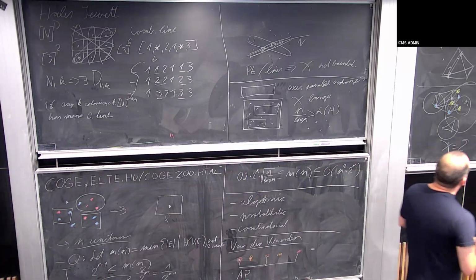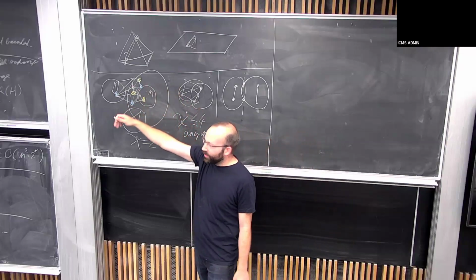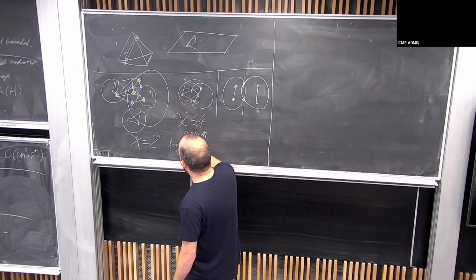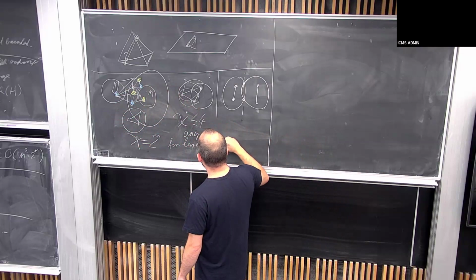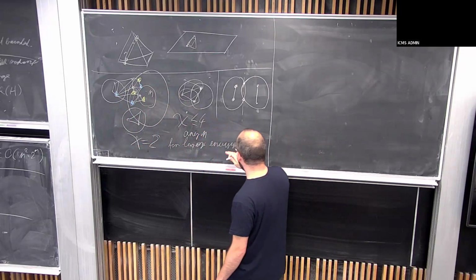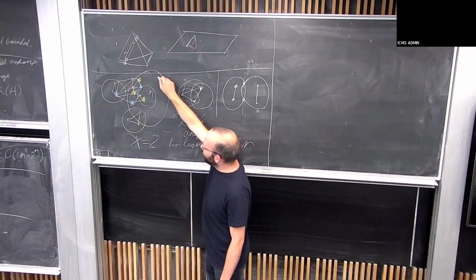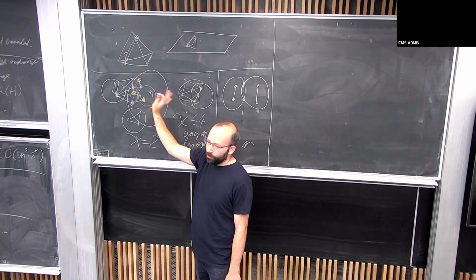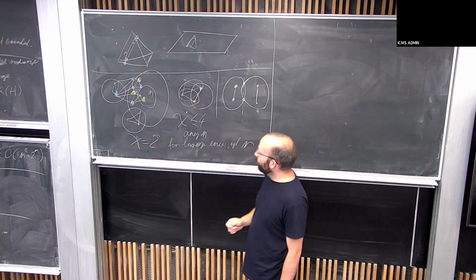So he conjectured that you can always 2-color your point set, at least for large enough n. Let's say I look at circles that contain thousands of points, then I can always 2-color it such that any such circle will contain 2 of the points.